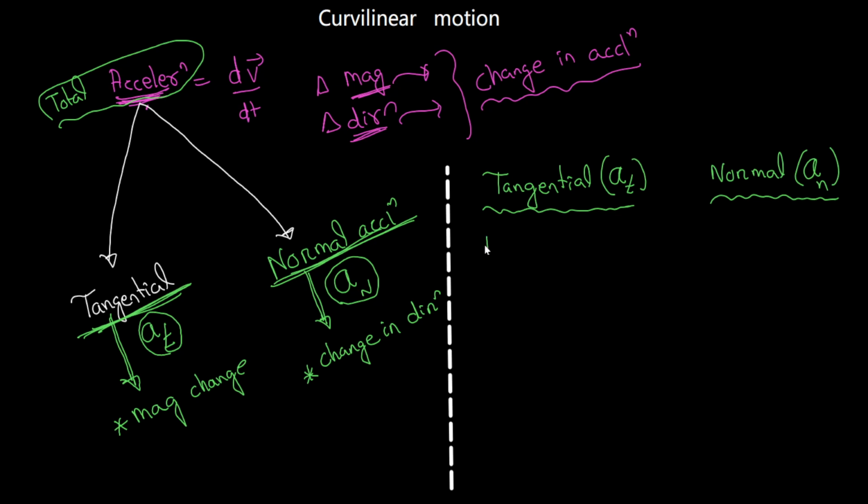So the first characteristic we have already discussed. That means a_t is responsible for change in magnitude, and the normal acceleration is responsible for change in direction.